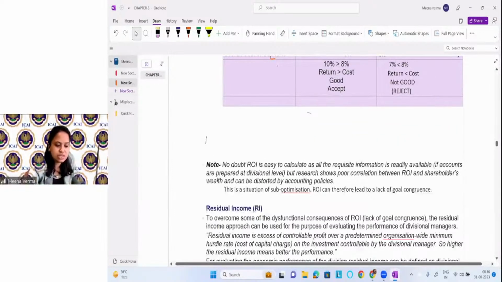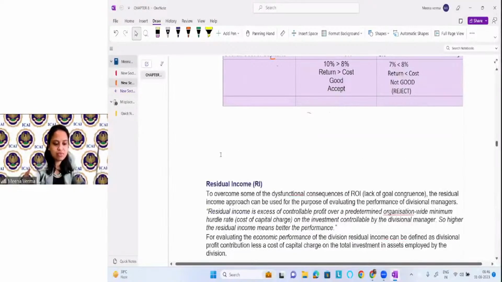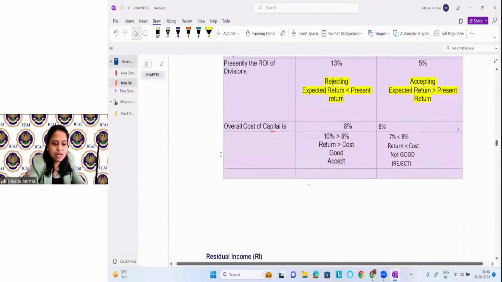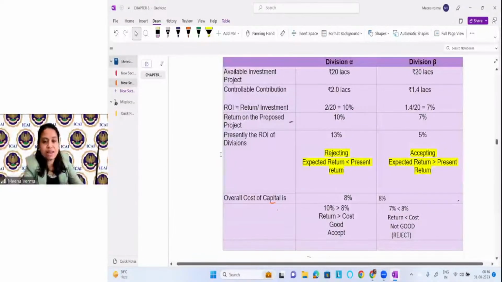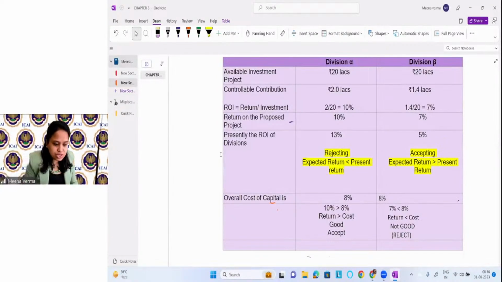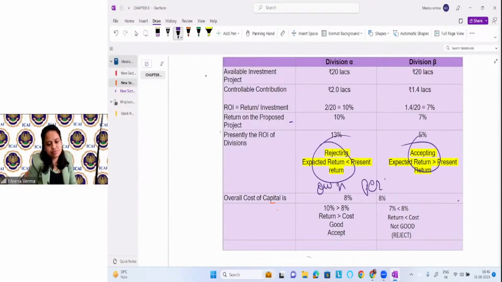The company should consider the overall profitability, which is also known as goal congruence. The way the manager has taken the decision is not good, because here the manager is just focusing on their own personal profit, their own personal gain.